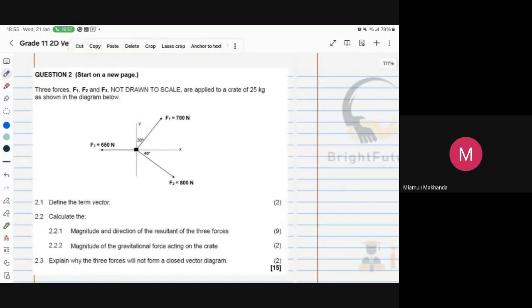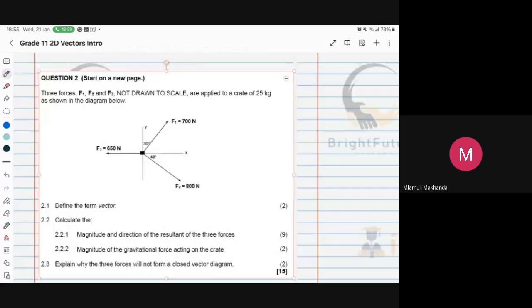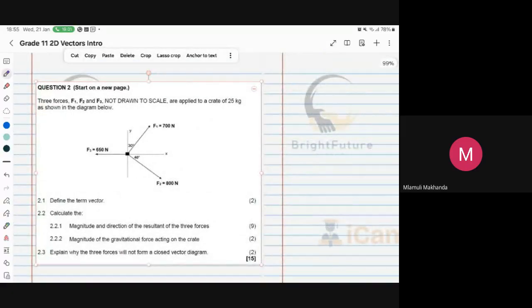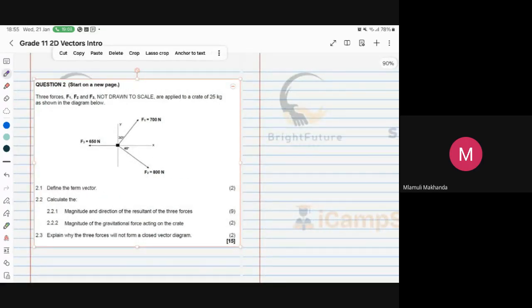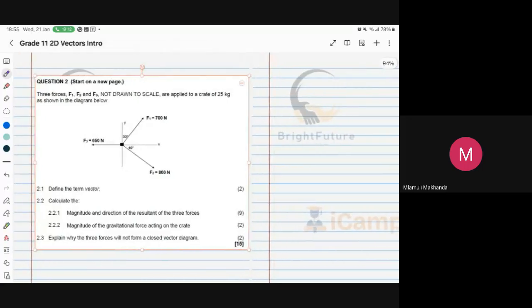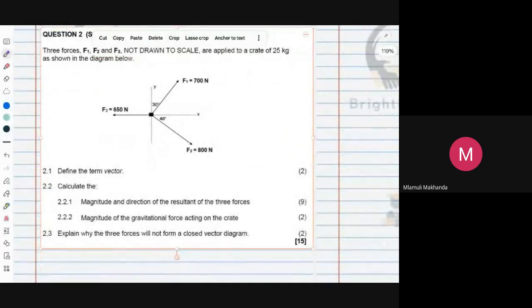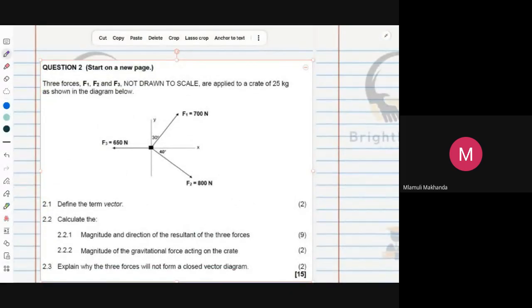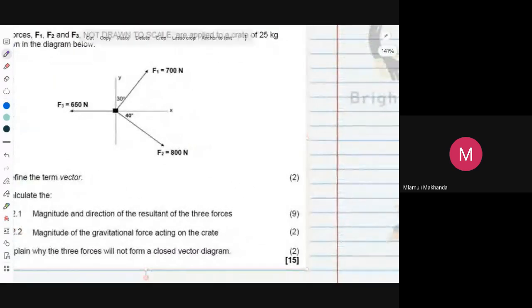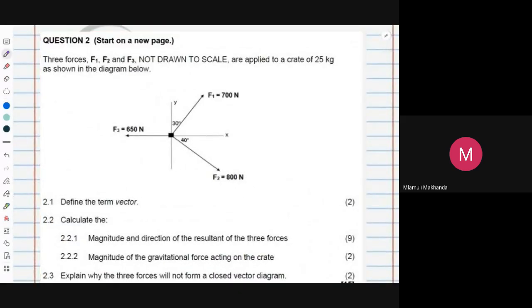I think this is Eastern Cape 2025, which is last year. If you need links to these papers, just let me know on the group and I will send them to you. But it's as easy as going to Google and searching for them. So don't worry, it's not difficult to find these papers.